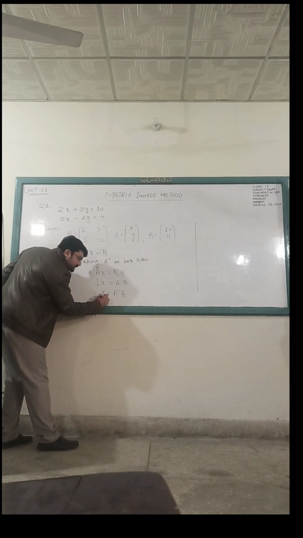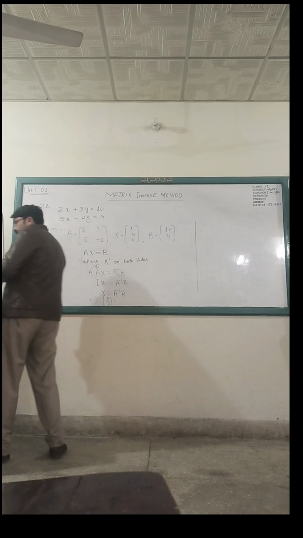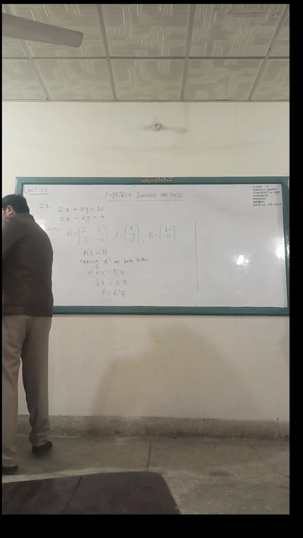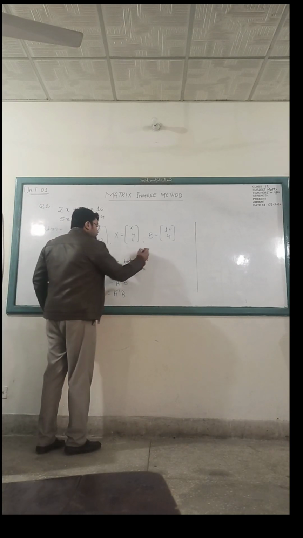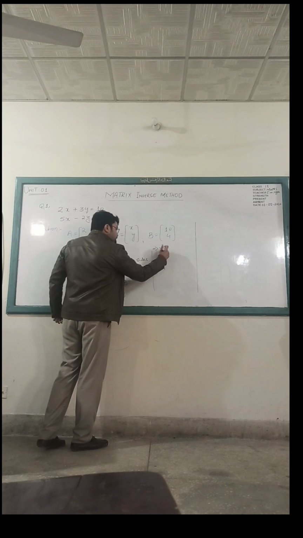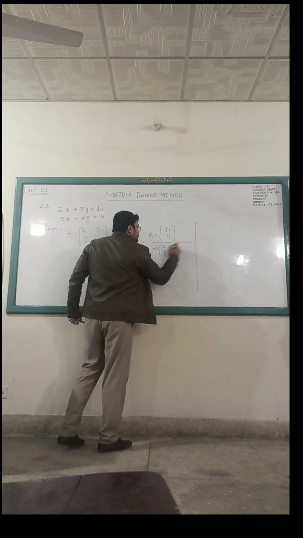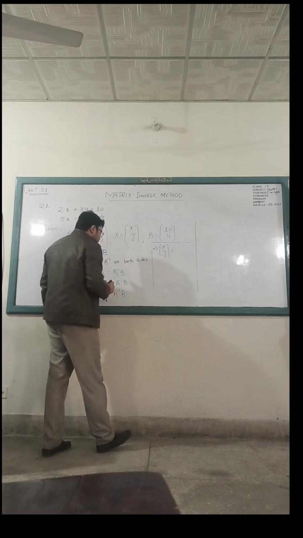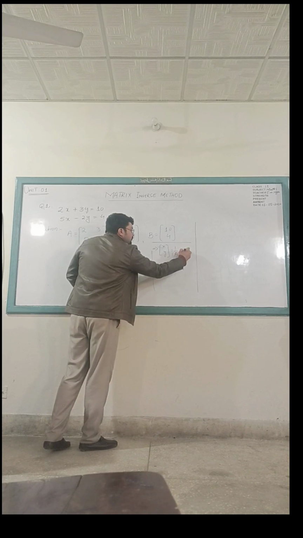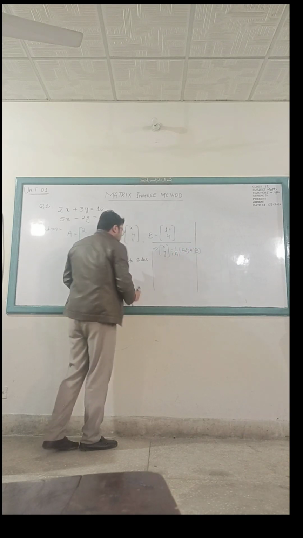This implies that X, Y is equal to 1 by determinant of A into adjoint of A into B. Okay.